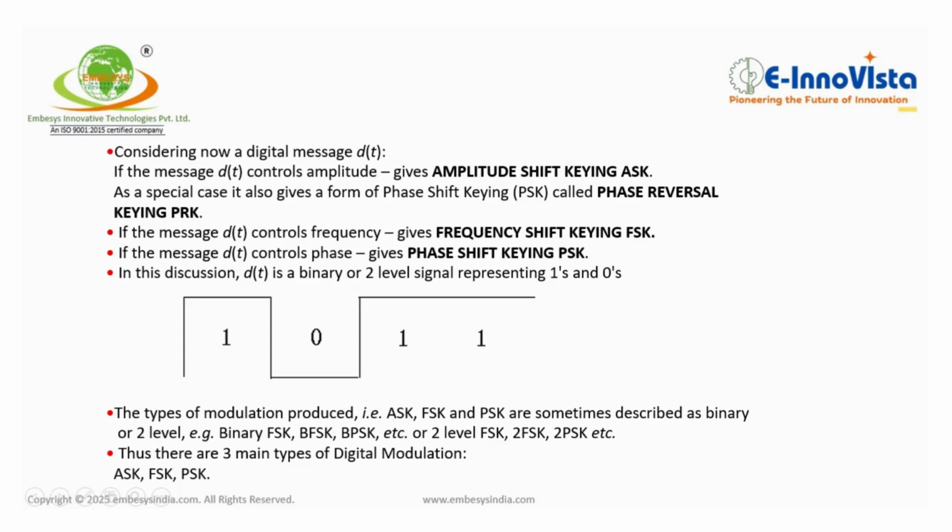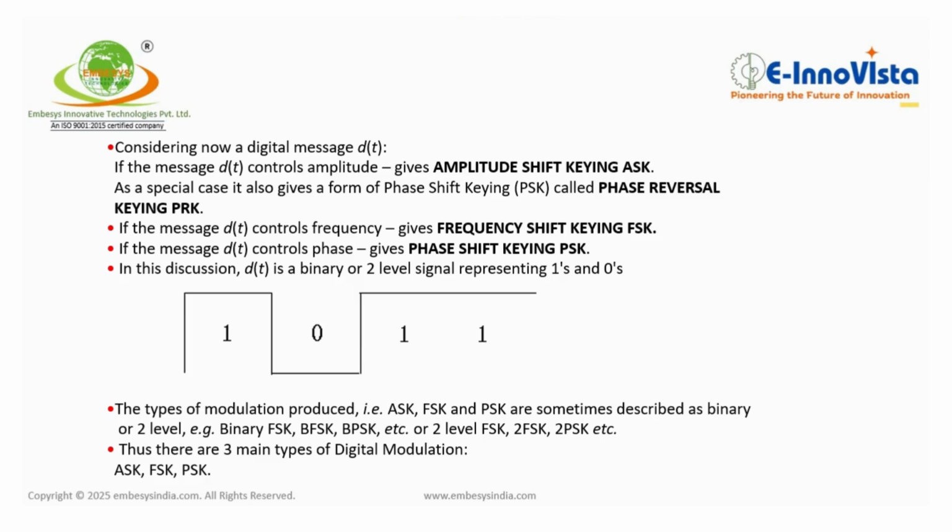As a special case, it also gives a form of phase shift keying, called phase reversal keying. If the message signal controls the frequency, that's called frequency shift keying, FSK, and if it controls the phase, it's called phase shift keying, PSK.